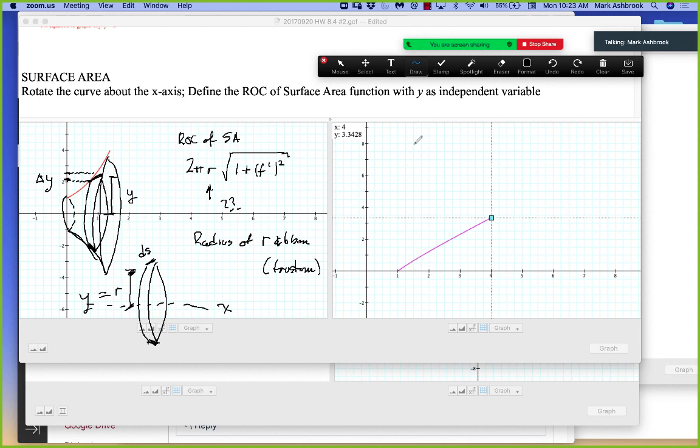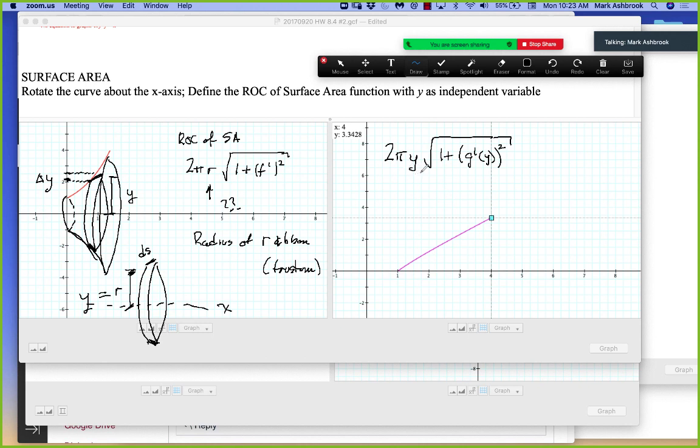Okay, so our rate of change of surface area is going to be what? 2 pi, what is the radius? Y. Square root of 1 plus g prime of y squared. Do I have to change this now?